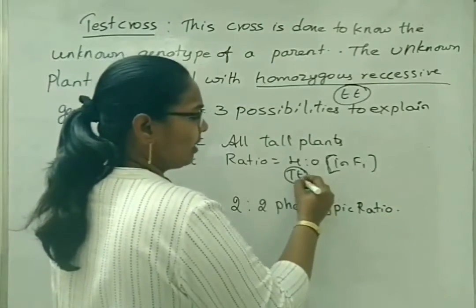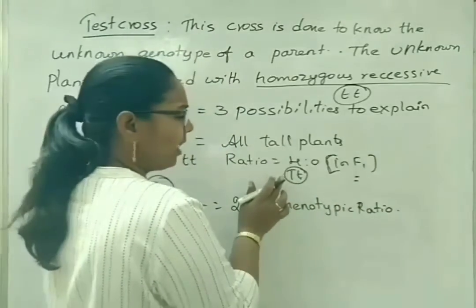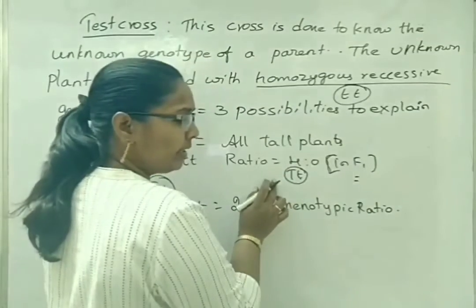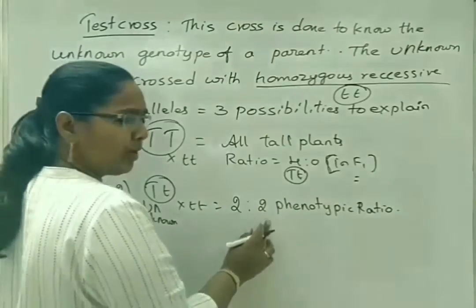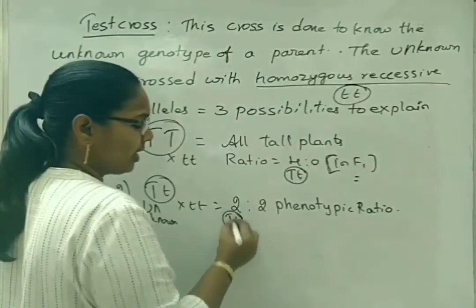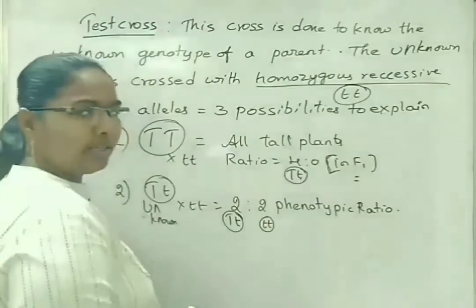Now here also we can tell that both the phenotypes are tall and all genotypes are heterozygous. So genotype and phenotype are equal here. Here also the phenotypic expression is 2 tall and 2 dwarf, and the genotypic expression also is the same. 2 different types of alleles. Here also 2 same type of alleles.